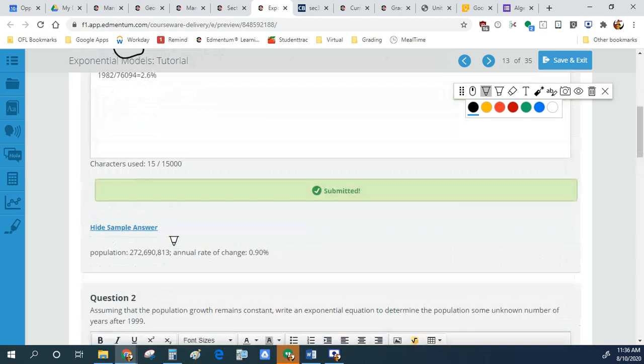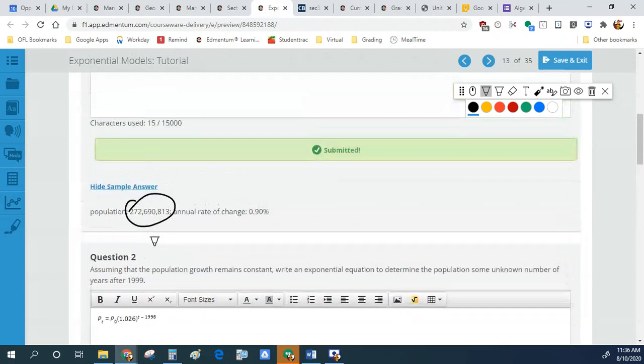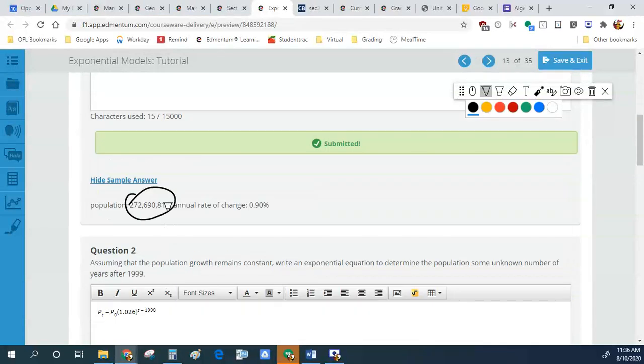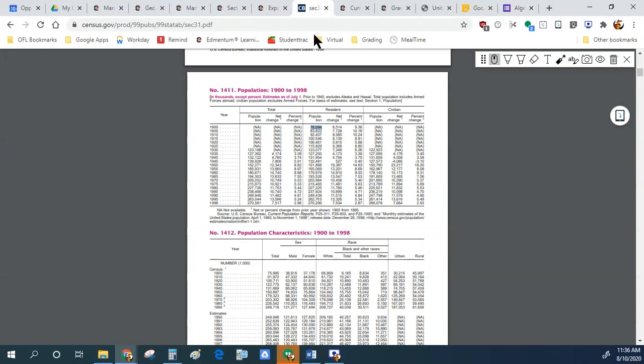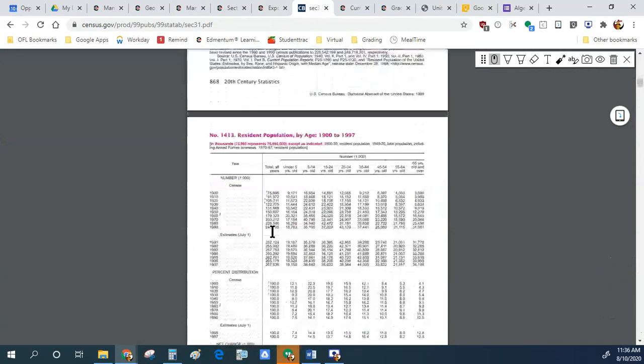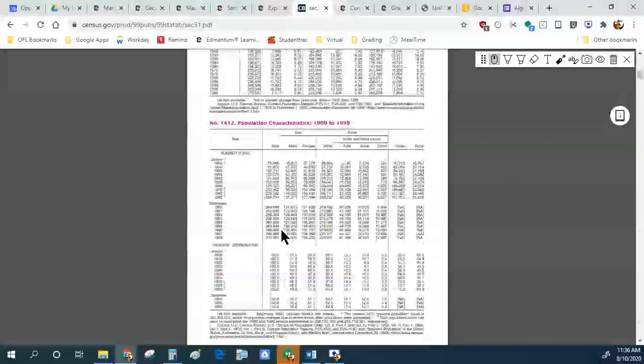So when we're doing this, guys, we want to see what our population starts at. The number I got was this right here. They're getting this number because I don't know how they got access to 1999, and I don't have 1999 on this list.